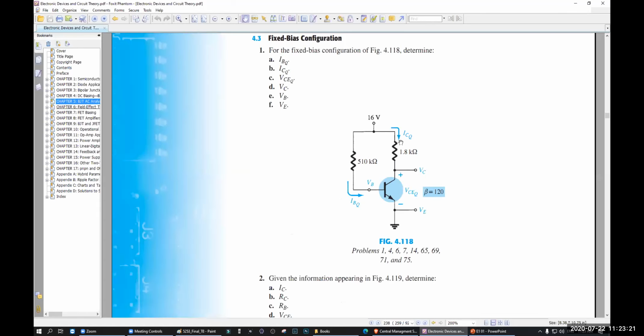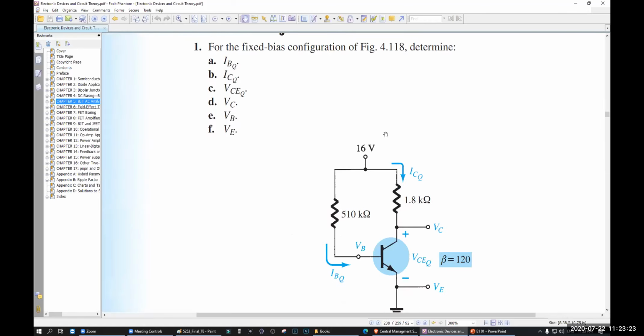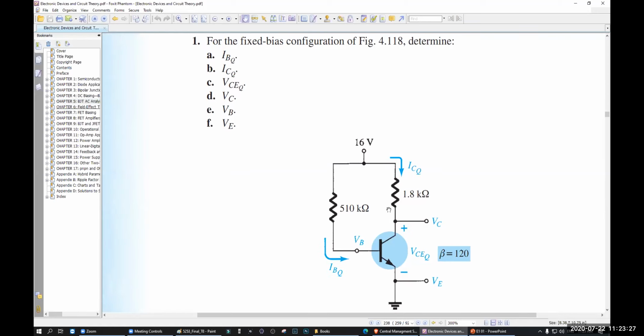Question number 1, you do it. Take 5 minutes of time and do it. Okay? Find all of this. Understand? Yes, sir. Okay. Take 5 minutes and do it.